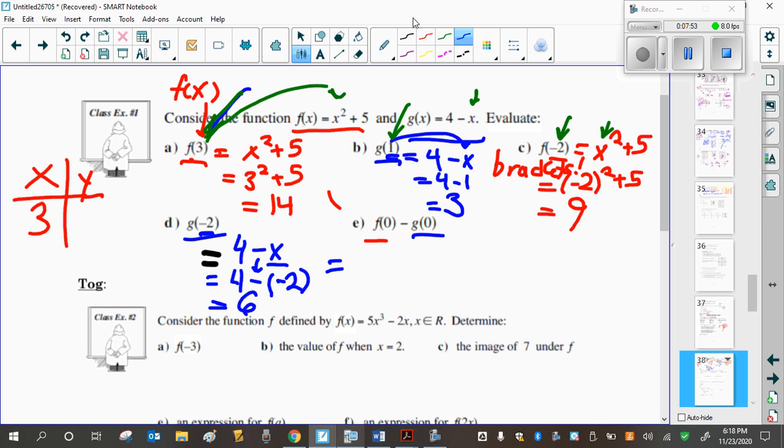Okay, so now this is the f function, f of 0. So x squared plus 5 becomes 0 squared plus 5. And then you have a subtraction sign in the middle, so you subtract this whole thing, g of 0.